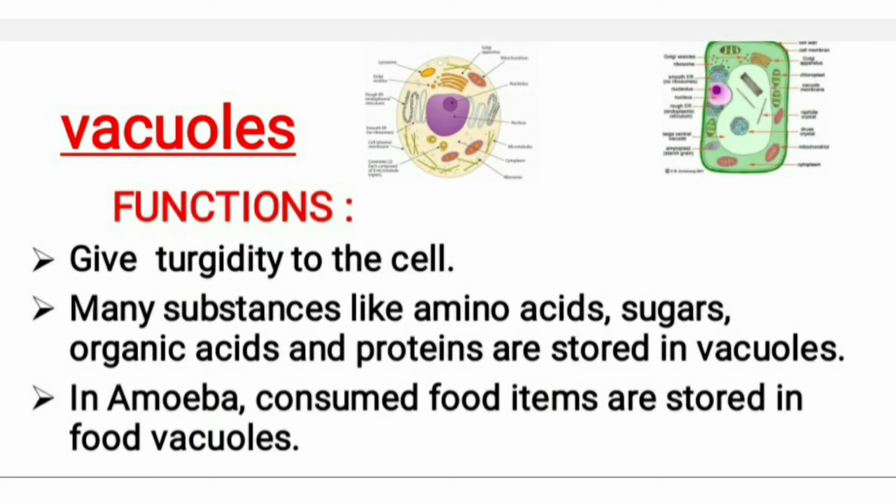Main function: give turgidity to the cell because vacuoles are full of cell sap. Many substances like amino acids, sugars, organic acids and proteins are stored in vacuoles. In unicellular organisms, especially in amoeba, consumed food items are stored in food vacuoles.